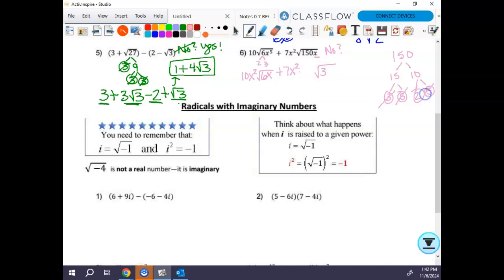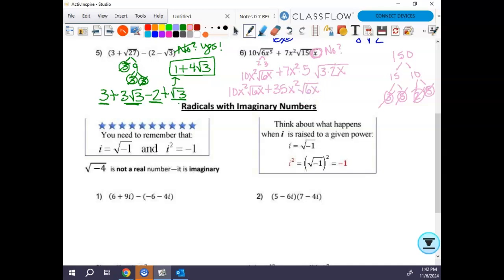I do have 2 5s, so that can come out. There's only 1 2, so it stays inside. And remember, everything gets multiplied when you're doing that. So then to clean this up, oh, and I can't forget about this guy who was under there. Just left him out. So then I'm going to rewrite 10x squared times the square root of 6x plus 35x squared times the square root of 6x.